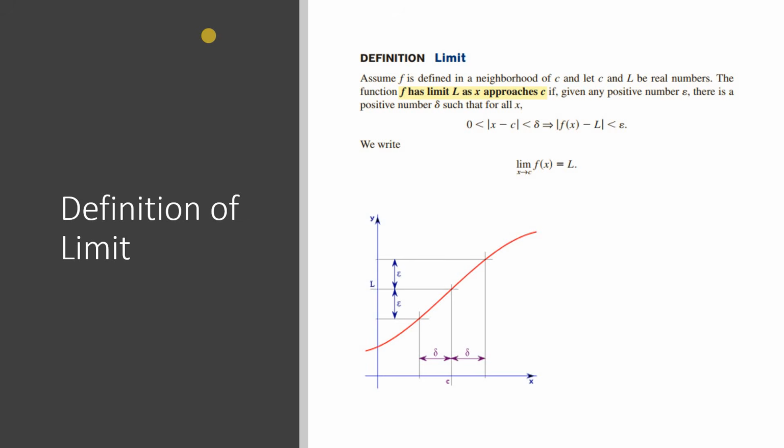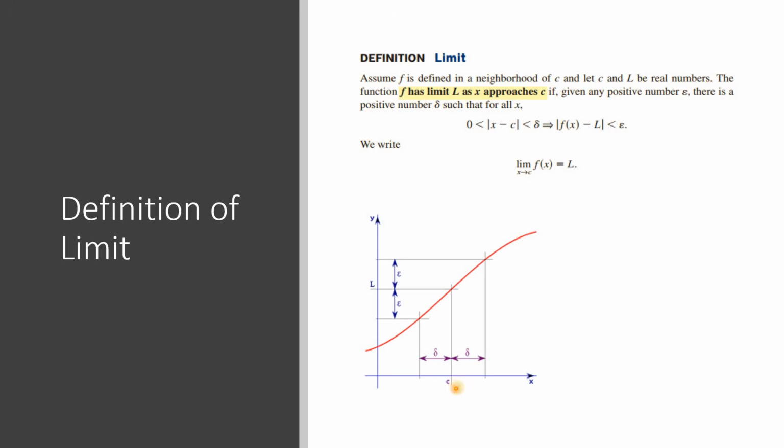Definition of a limit. So let's take a look at this graph below. Right here we have what looks like a smooth curve. Now right here it says the definition of a limit. Assume f is defined in a neighborhood of c and let c and L be real numbers.